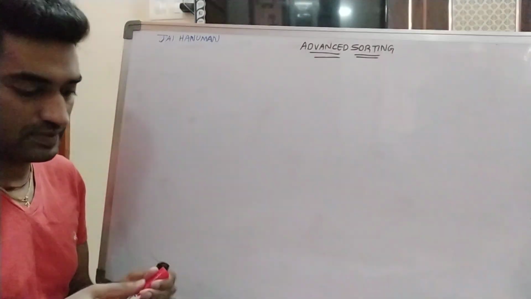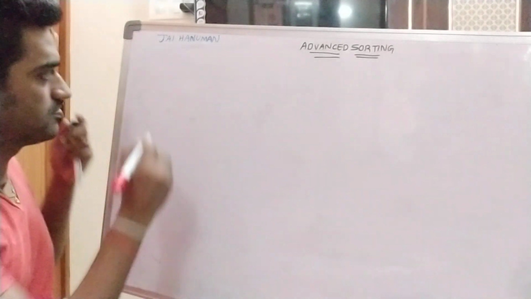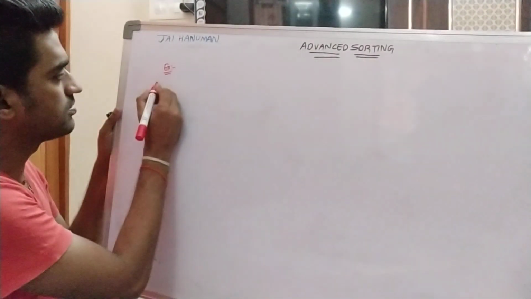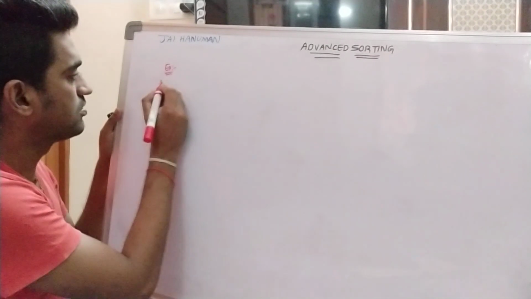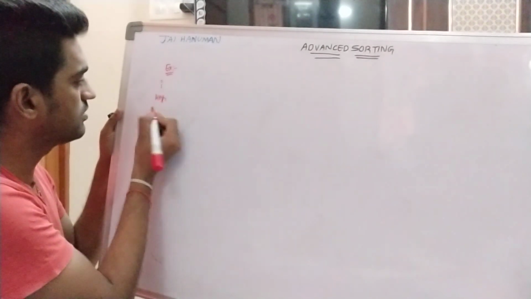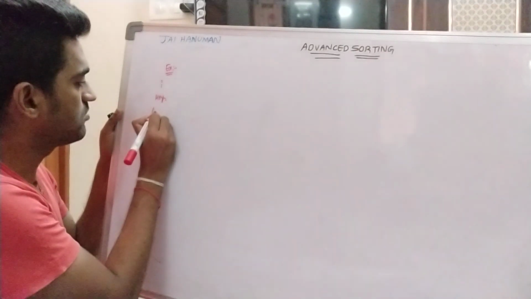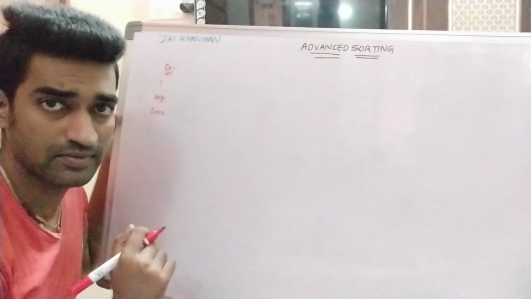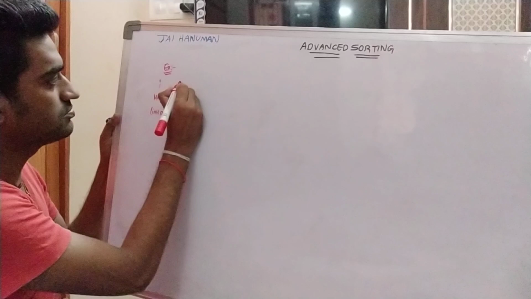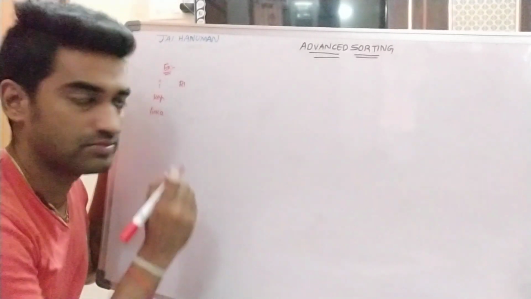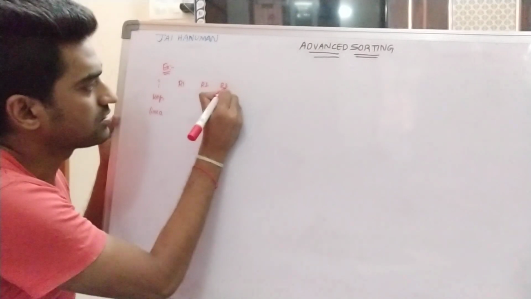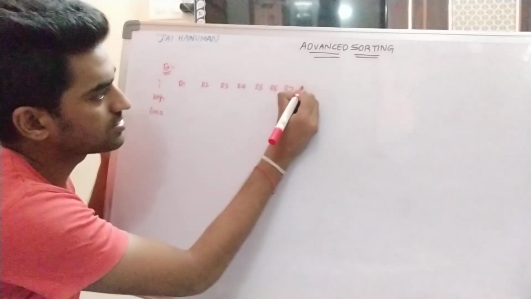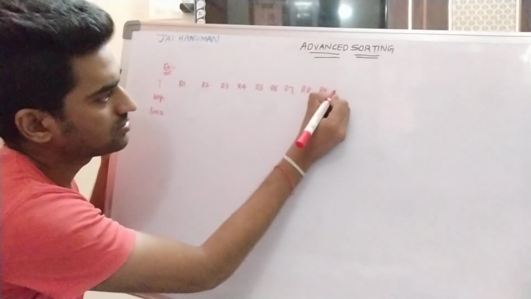So here I am taking one example. I am taking I key values, and adding some extra field that can be represented with the help of link A. Here I am taking a list of 10 elements, 10 records: R1, R2, R3, R4, R5, R6, R7, R8, R9, R10.